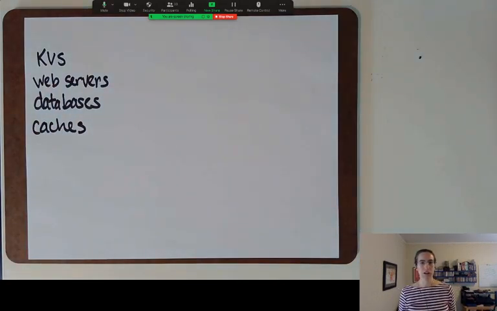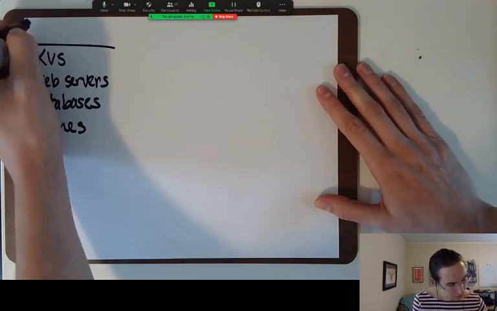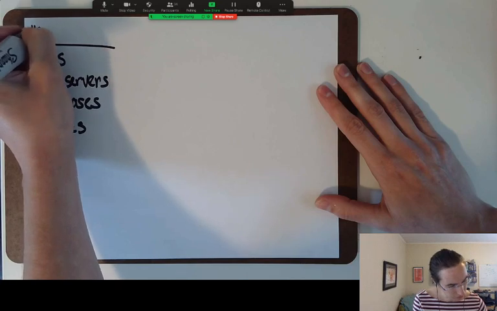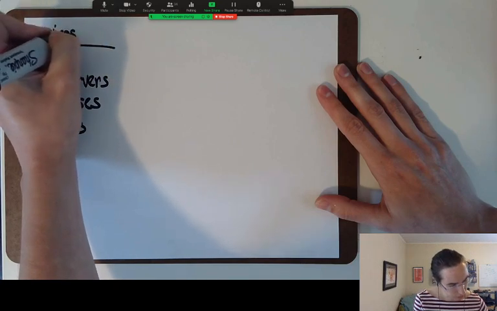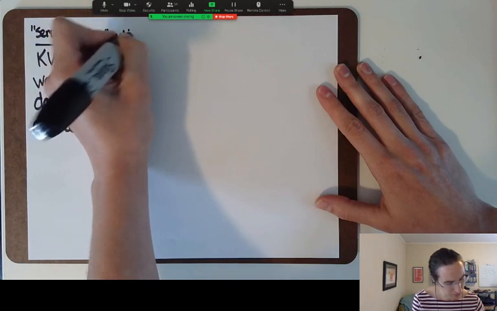All these things fall into this category of systems to which you make requests and receive responses. So we can lump all these things together under the term services or online systems.